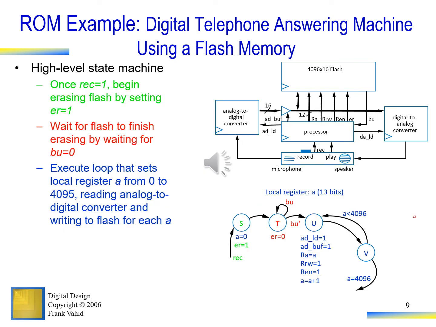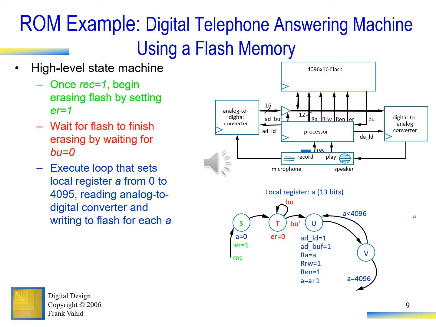Writing to the flash memory is very similar to writing to a RAM. The recording is 1, erasing flash is set to 1 first. The data is erased. Now wait for the flash to finish erasing by waiting while the button press is 0. Then you can write the data into flash memory.